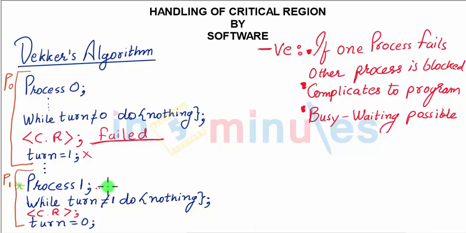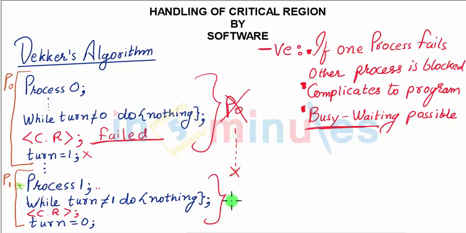Obviously, this would cause the last disadvantage, which is busy waiting. Why? Because if process 0 fails, there is no way process 1 would get the turn. So busy waiting is another disadvantage.